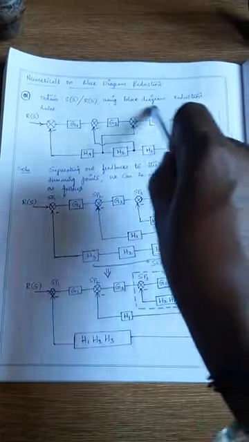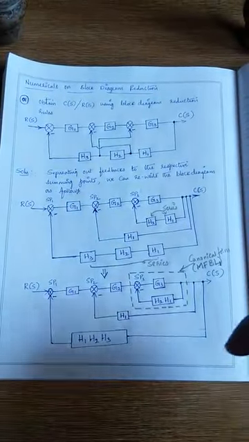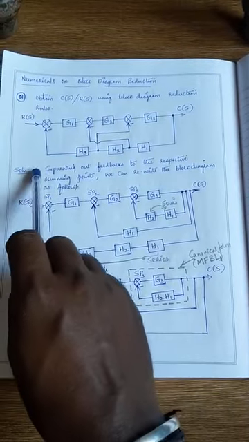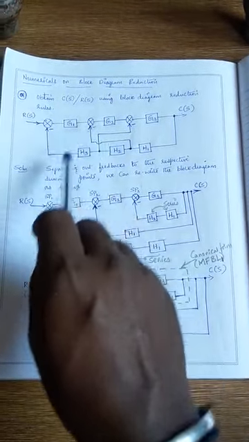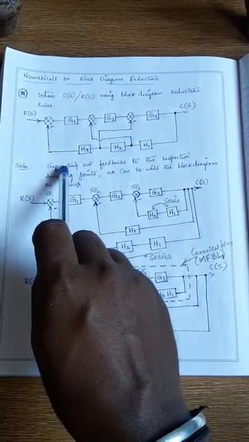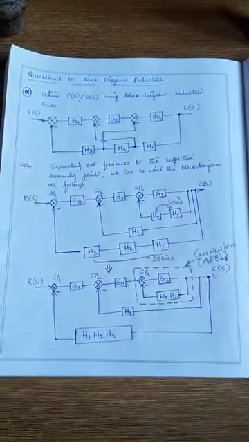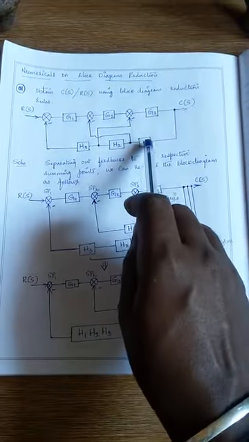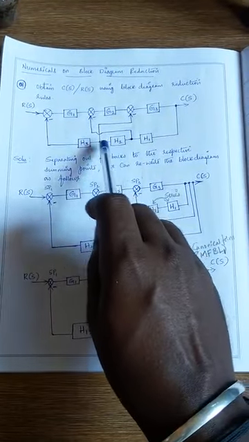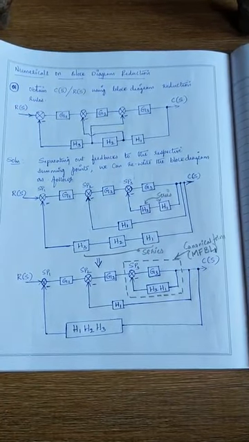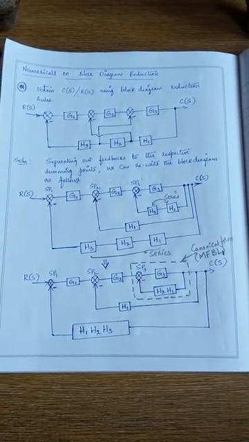Now I have to reduce this block diagram using the block diagram reduction rules. Considering this block diagram, we have to separate the feedbacks to the respective summing points, which means just find out what the feedbacks H1, H2 and H3 are, and separate them out to the respective summing points.